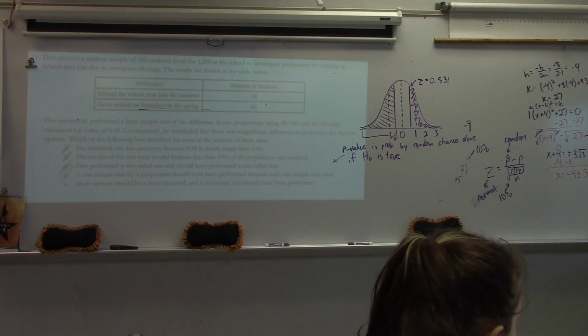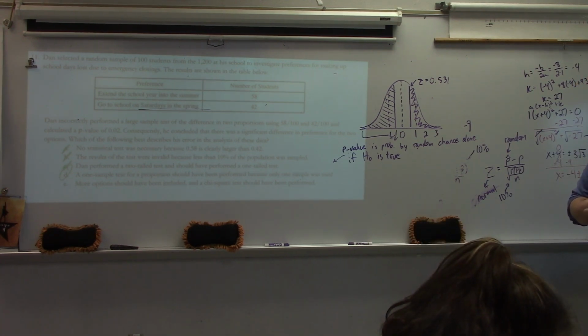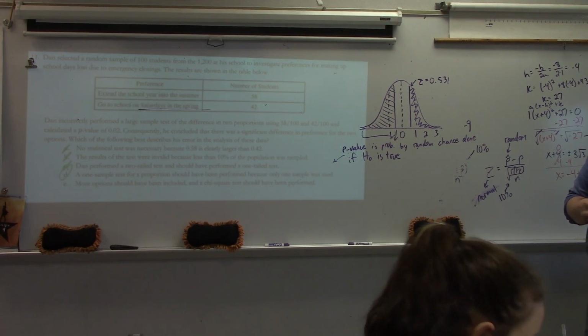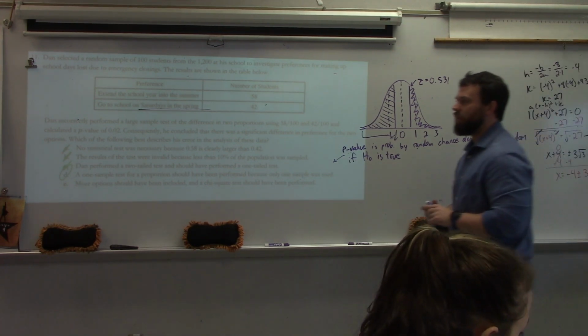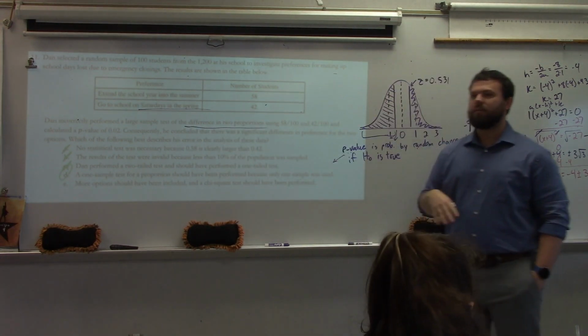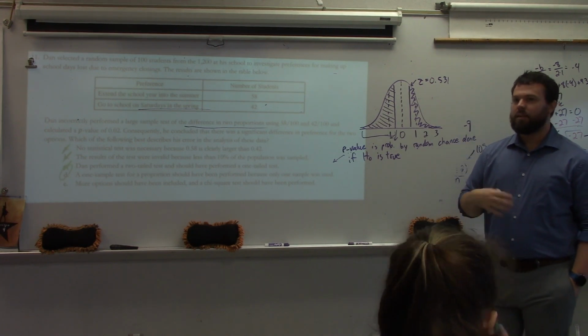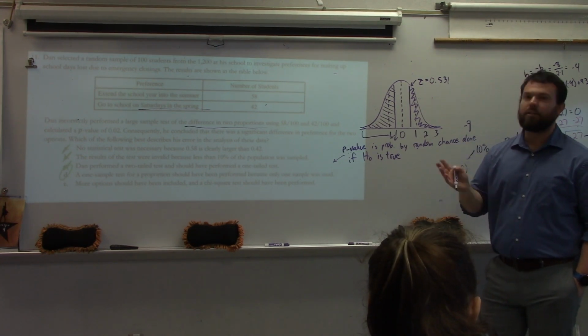Dan performed a two-tailed test and should have performed a one-tailed. Well, what did Dan want to know? Well, there was a difference. So it was a difference in two proportions, two-tailed versus one-tailed? A difference in proportions has nothing to do with the tails.